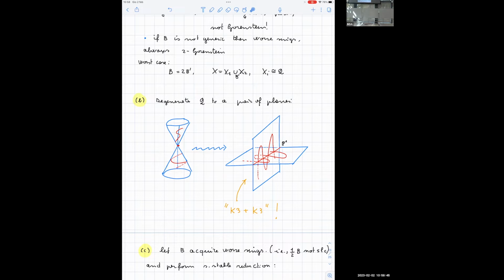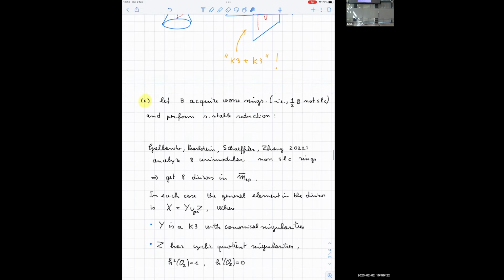So I get a quintic section of the pair of planes, a quintic on each plane, and then there's the line where the two planes meet. If you take a double cover branched on this, we recover our K3 plus K3 example, the one that I gave to show you how the construction works. So in this case, we see that the example we constructed in the abstract is actually smoothable.